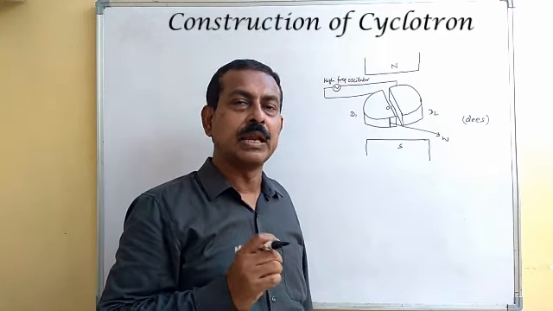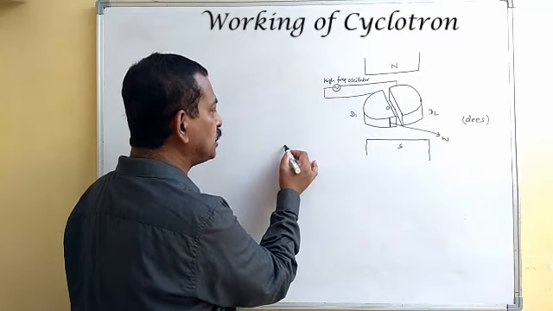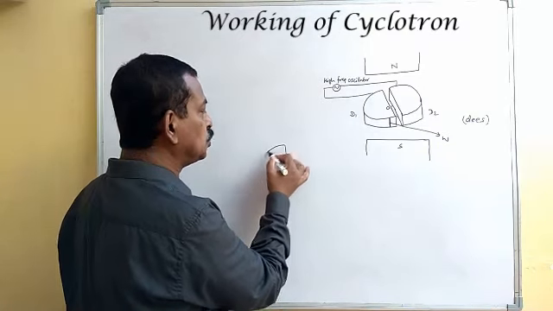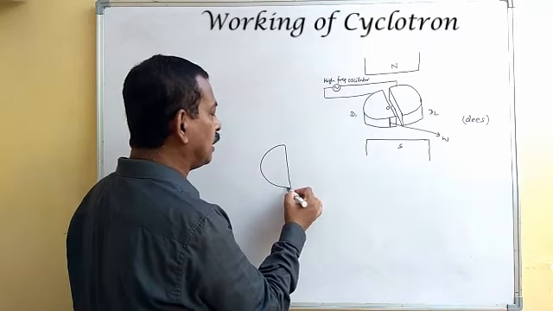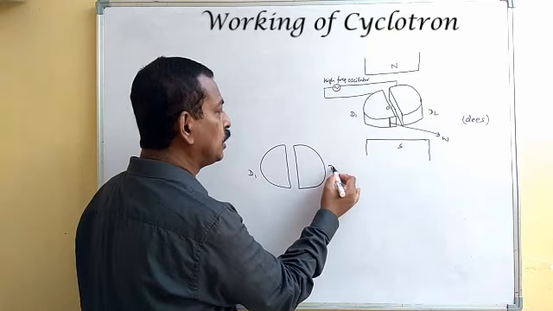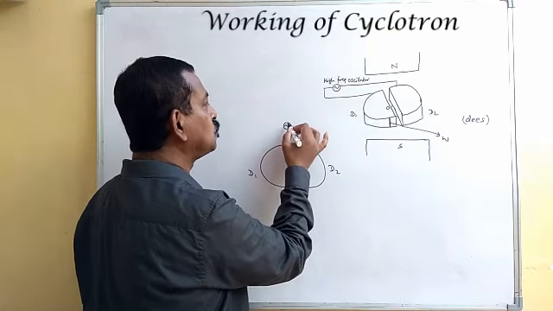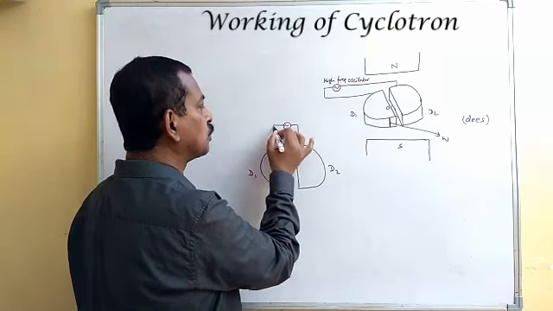Now let's see how it works. So let's discuss its working. For that, suppose we just represent these two Ds like this: this is one D, this is the other one, suppose D1 and D2, and these two are connected to a high frequency oscillator.